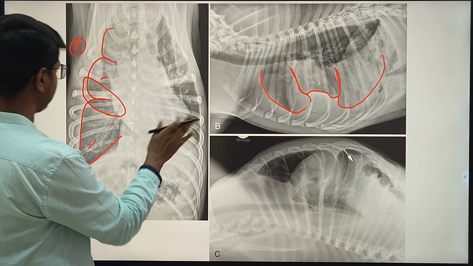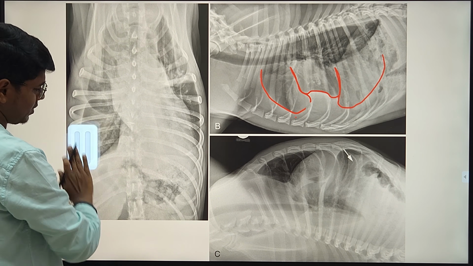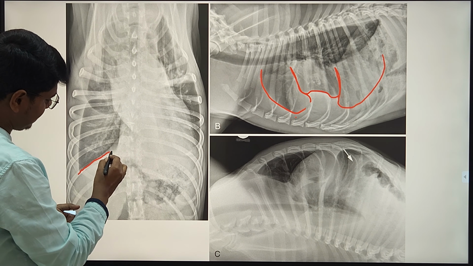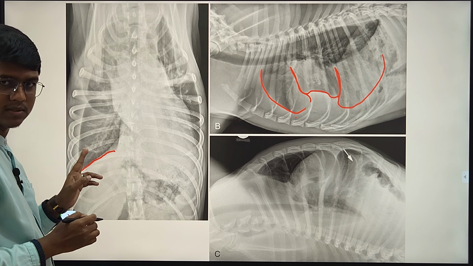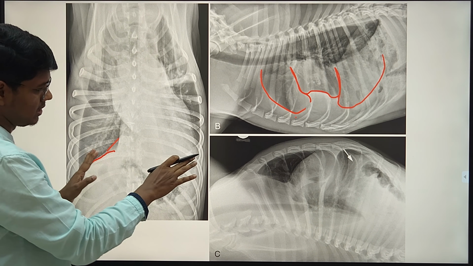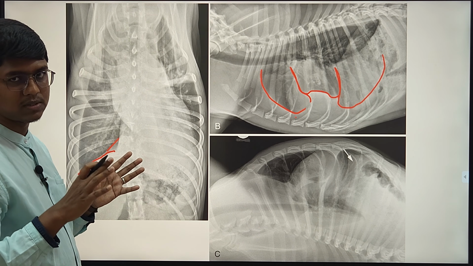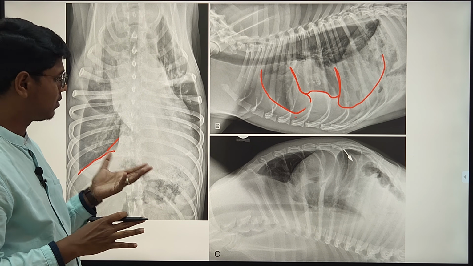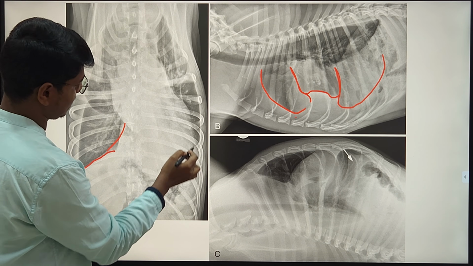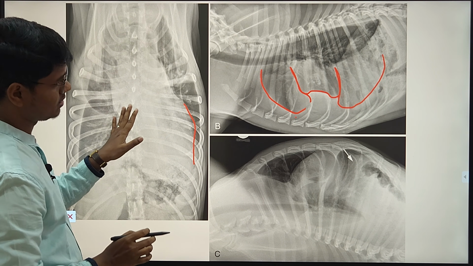Okay, so in this particular case there was pleural effusion, as you can clearly see, and you can see that the right hand side diaphragm is normal, or you can say it is visible, but the left one is not visible. There is loss of the surface outline of the diaphragm, and also the diaphragm shape has been changed. Okay, like this one. Entire thing has been changed.